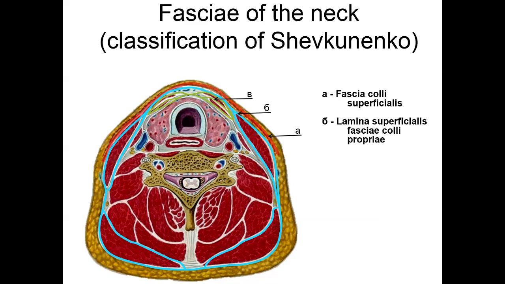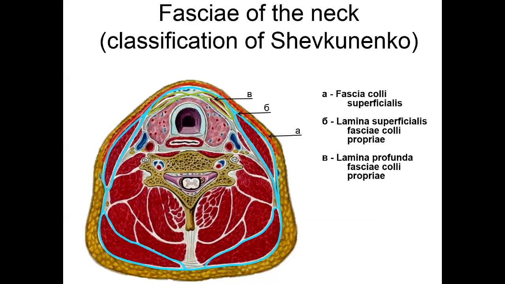Then letter B of green color, several laminae, several sheets which cover the muscles located below the hyoid bone.